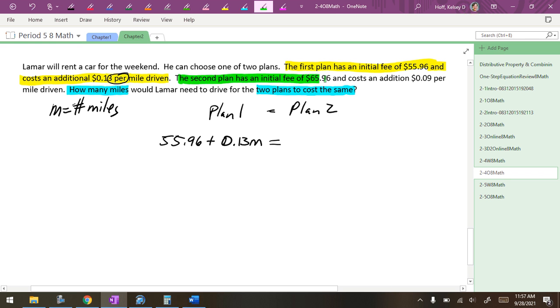The second plan has an initial fee of $65.96 and costs an additional 9 cents per mile driven. Who can give me that side? Chris. Thoughts? Did he get the variable with the right number? Again, that keyword. Per. Solve this. Be careful with your decimal point.